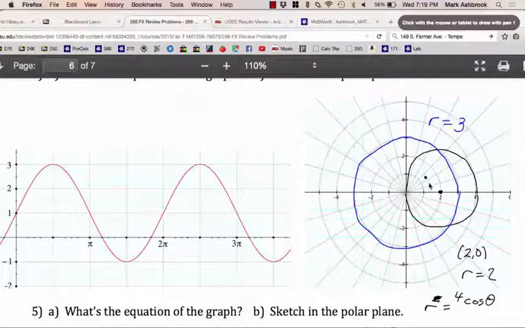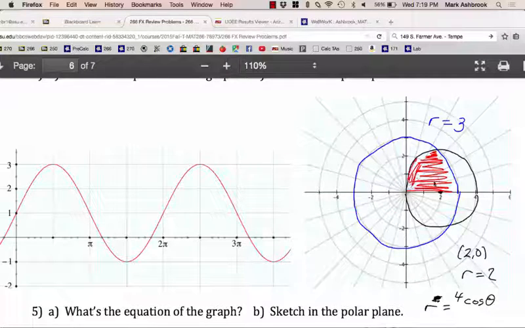What if we wanted all this area here? I'll do it in red. Say I want the red area. What would I need to do? How would I get that red area?